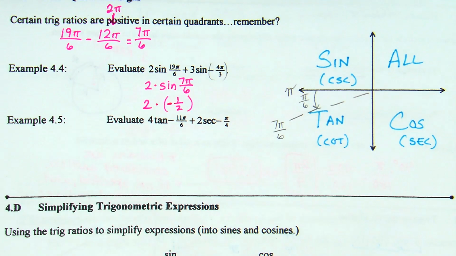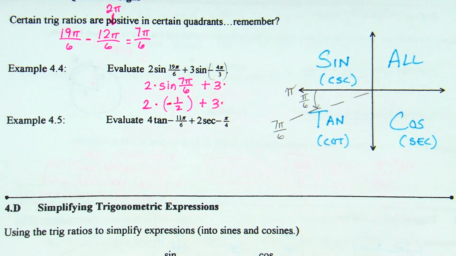There's 2 different ways you can do this depending on your comfort zone. Well, you can figure out it's going to be a reference angle of pi over 3, just based on it being thirds. But we've still got to know where this lands so we know what quadrant we're looking at.